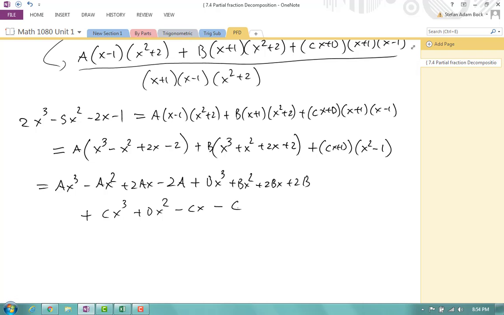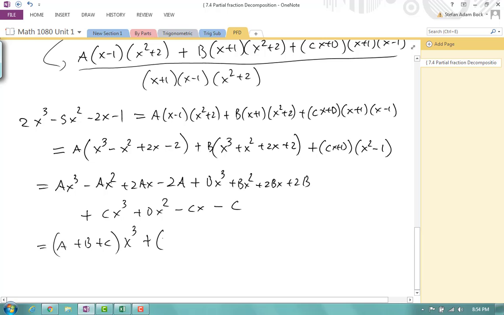So I'm going to collect all of my like terms together. I have a plus b plus c times x cubed, plus minus a plus b plus d times x squared. Let's try to keep track of these. I did x squared, so that's minus a plus b plus d.